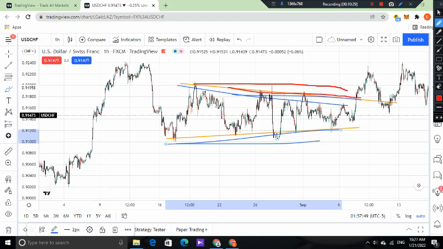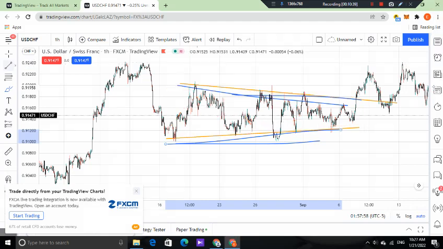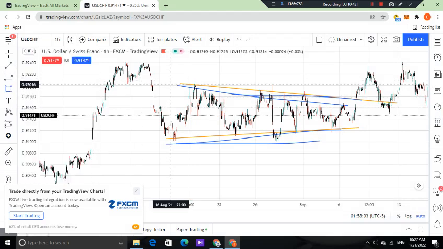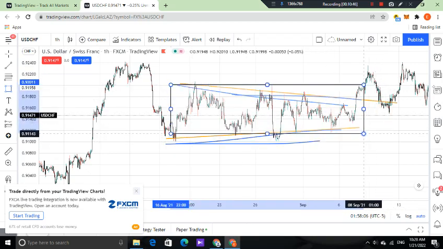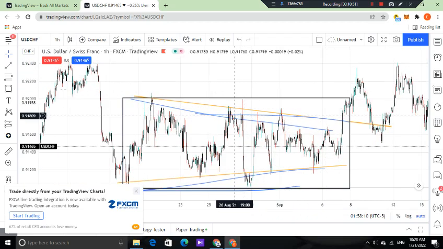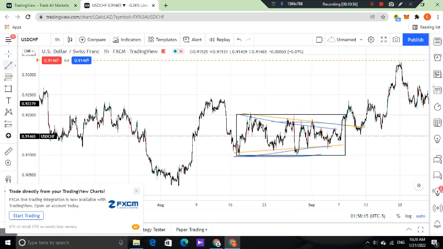But in triangles like this, which we can also consider a trading range, something like this, the chance of breakout from any direction is 50%. You have a 50% chance of bull breakout and a 50% chance of bear breakout.